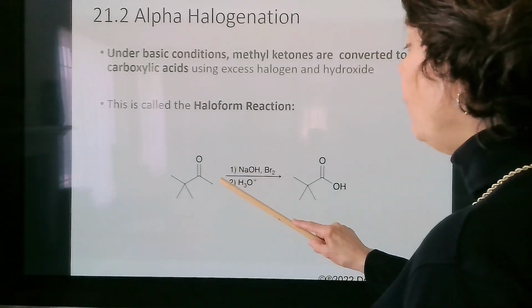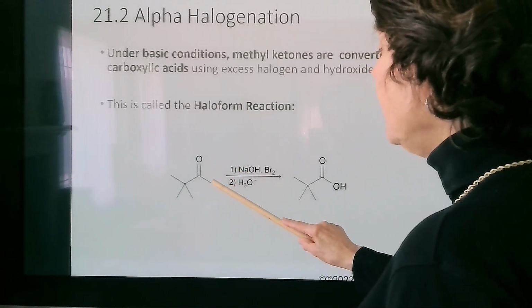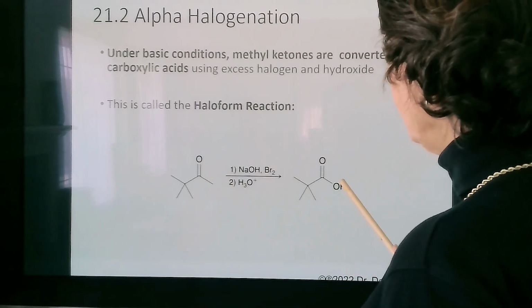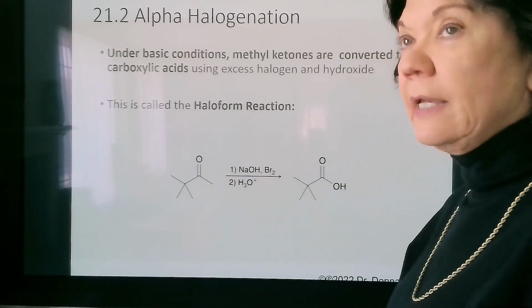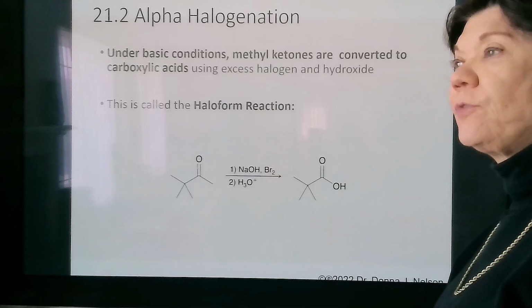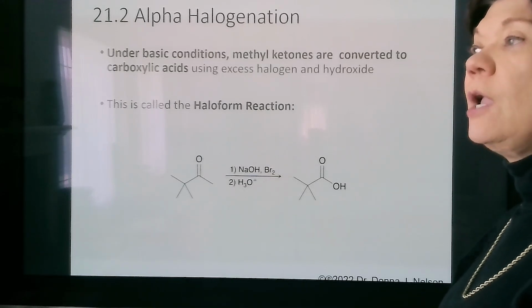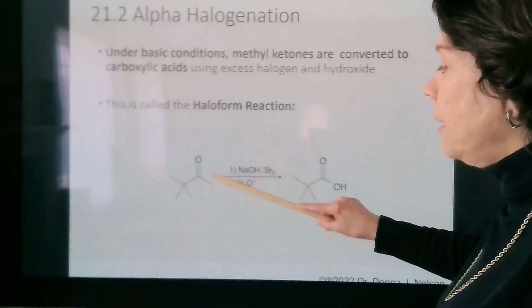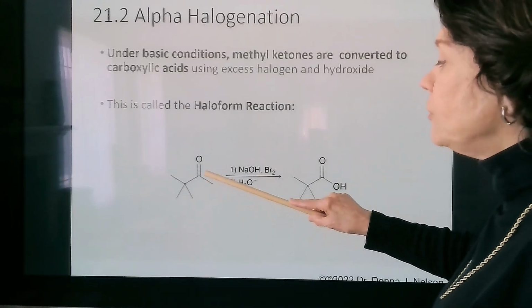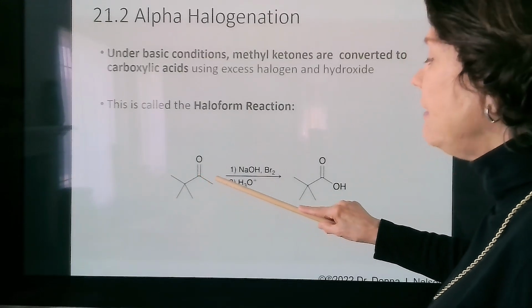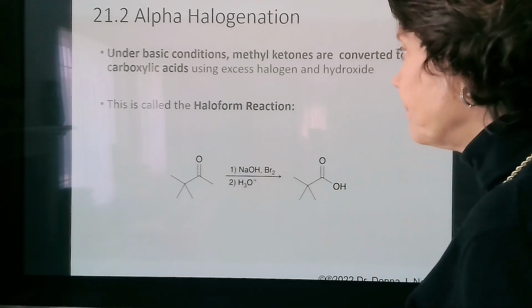And once the CBr3 is formed, then that becomes a good leaving group. Just like in your previous chapter, you saw carboxylic acid derivatives where the group that was attached to the carbonyl can become a leaving group, and that's what happens here.